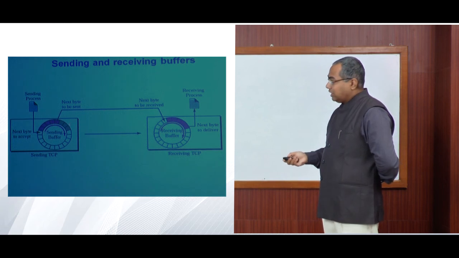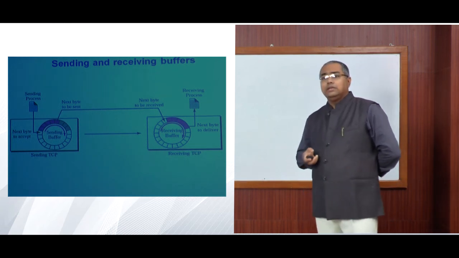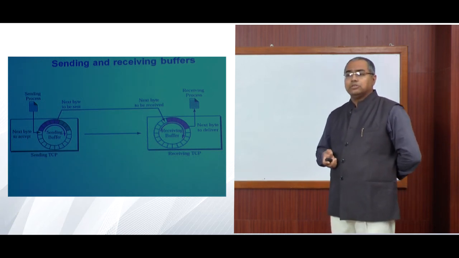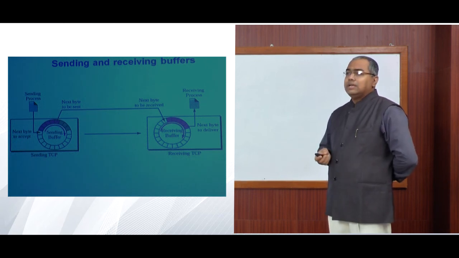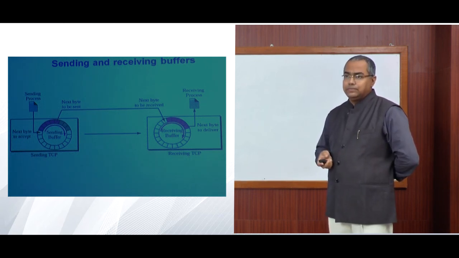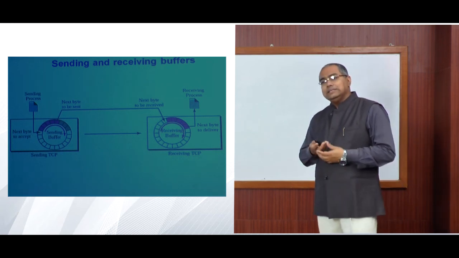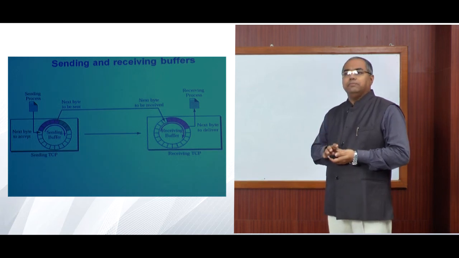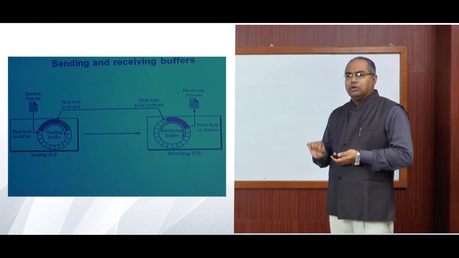We are introducing a term here, acknowledgement. At the beginning we said TCP is responsible for reliable transmission. How does it do it? Only through the acknowledgement message. Let us remember one point. In TCP, except one type of message, all messages are acknowledged.